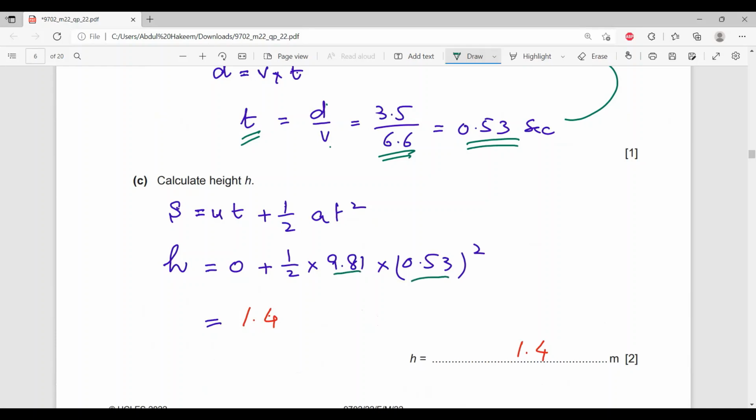The time taken by the projectile in the trajectory is exactly equal to its free fall time from this height, in the absence of air. So we will use 0.53 squared. After calculation, the answer is 1.4.